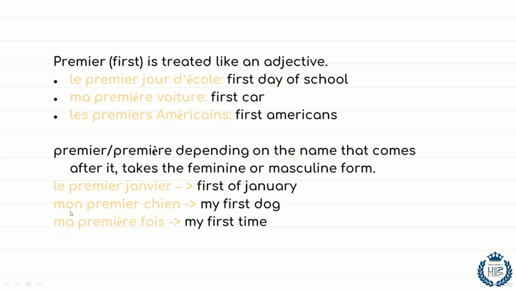And when we say mon premier chien, my first dog, dog is a masculine noun, that's why it is still in masculine form. Ma première fois is a feminine noun, that's why we take the feminine form of première, which means my first time.